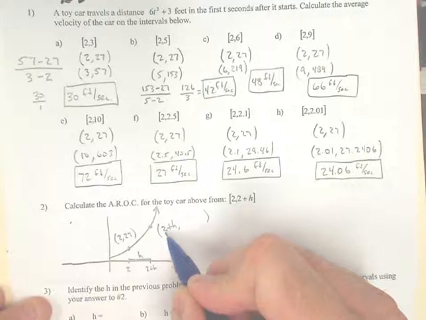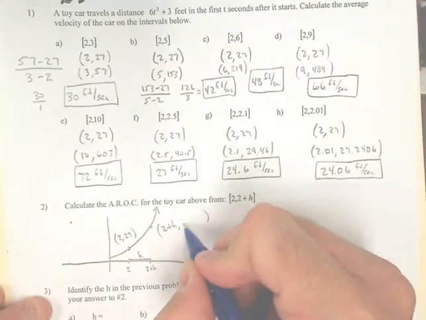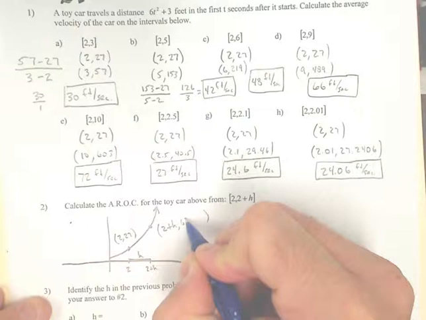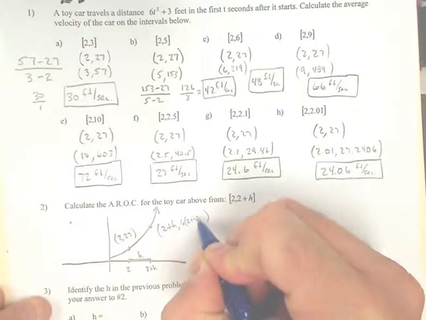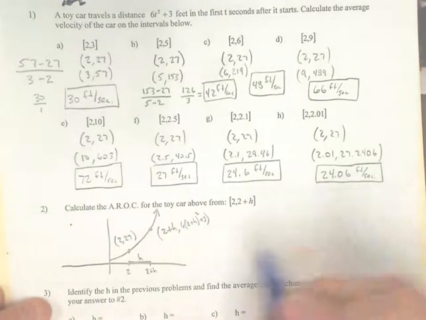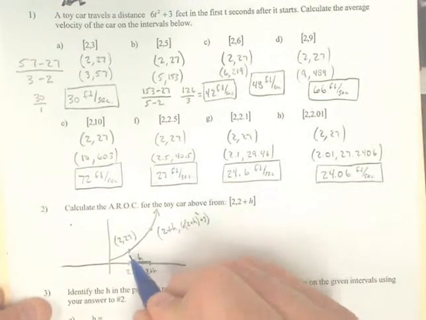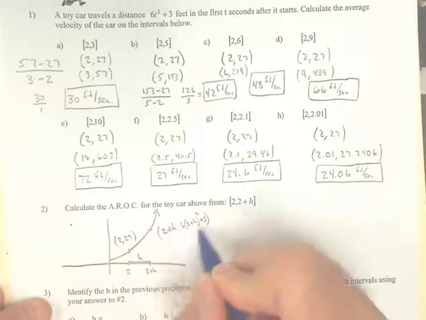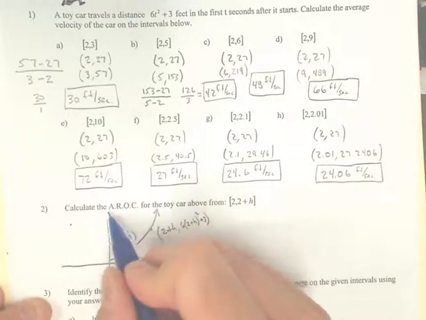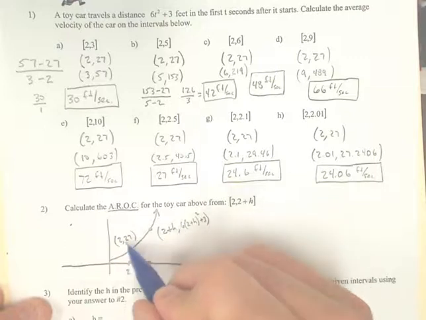So now I have to stick 2 plus h in for that t. It's very ugly, but this is just any coordinate point past 2.